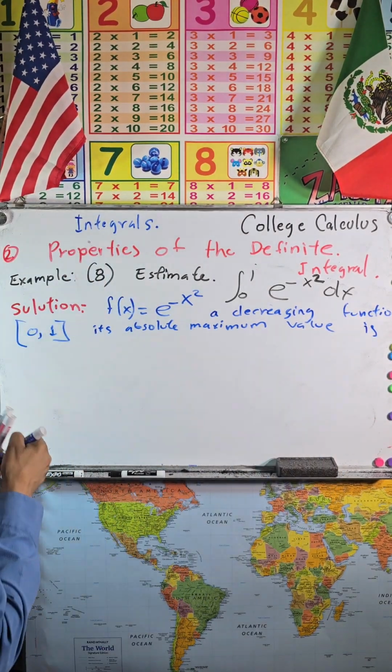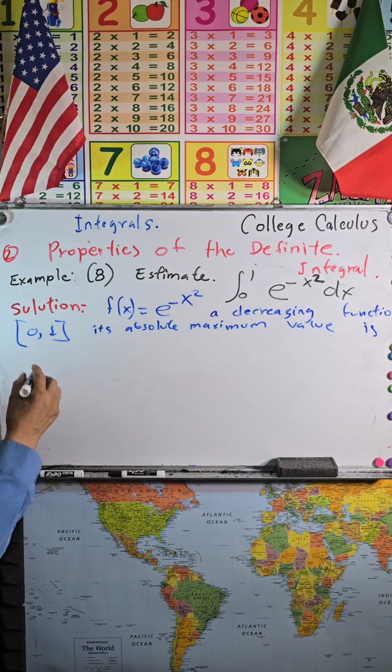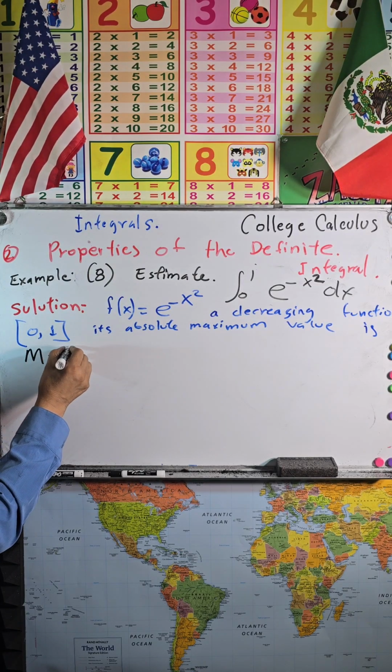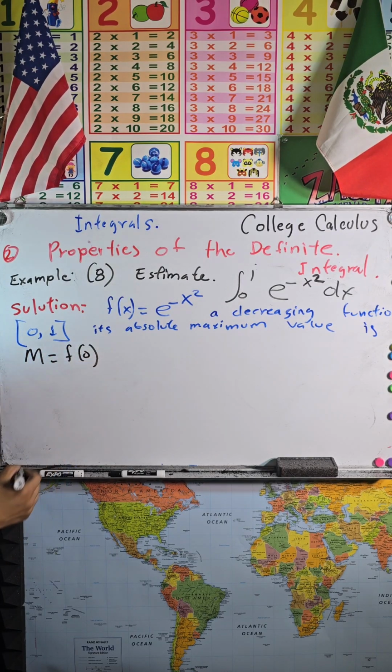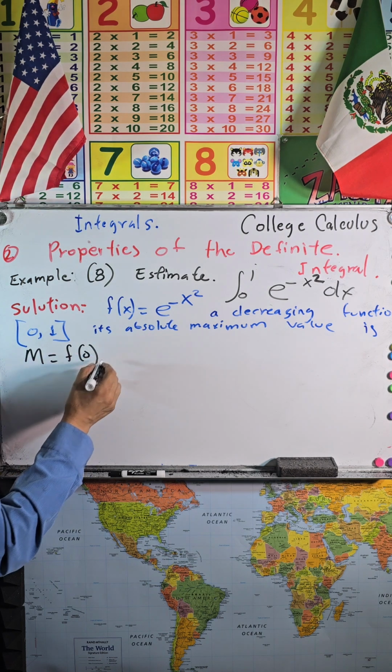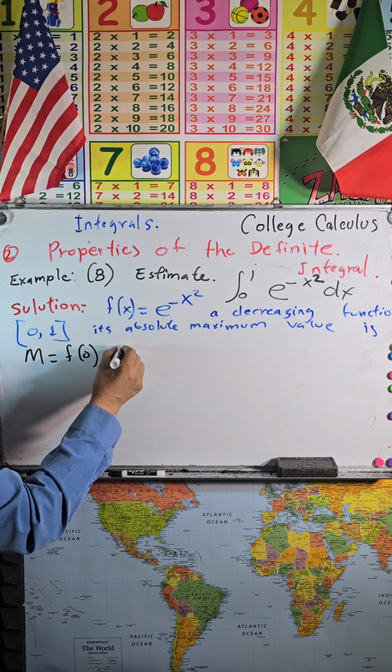So let's write M equals f of 0 equals 1.